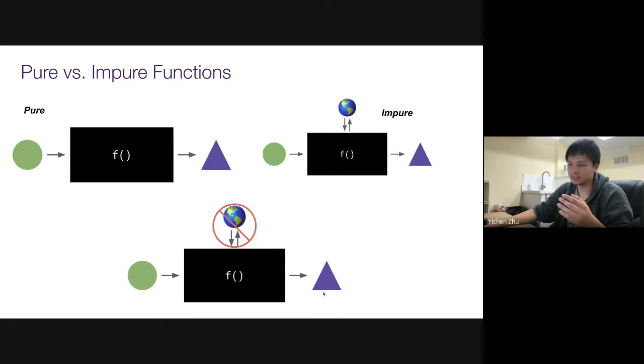So this picture illustrates that a pure function cannot have any side effects, which basically means you should only have an input or multiple inputs, that's fine too, where the input goes in and one output comes out. If there are any side effects within a function, then that function is not considered pure.